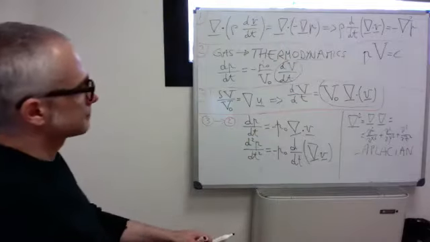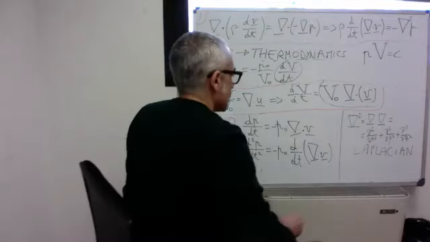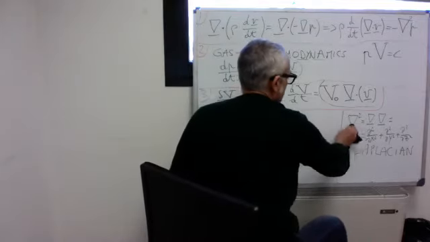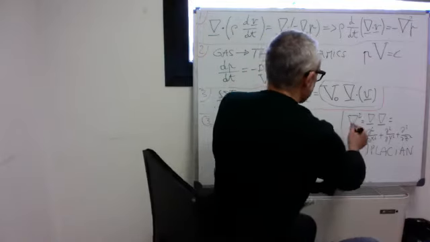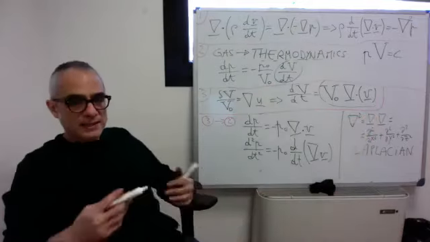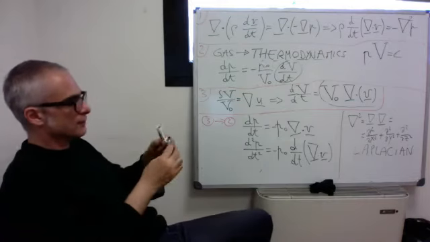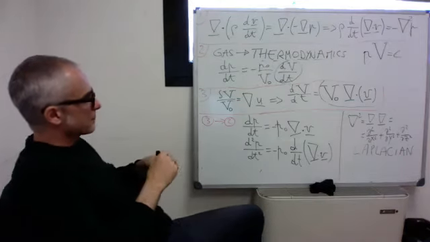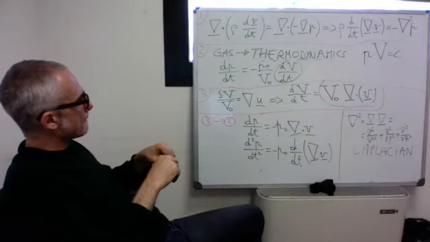Notice that the Laplacian is not a vector anymore. You apply the Laplacian to a scalar, you still get a scalar. You apply the Laplacian to a vector, it means that you do it for each component separately and you get another vector.